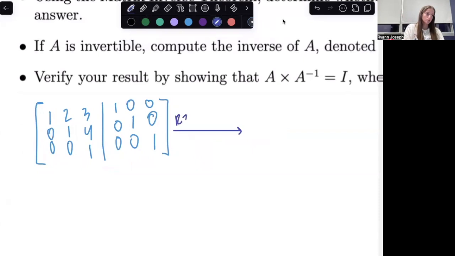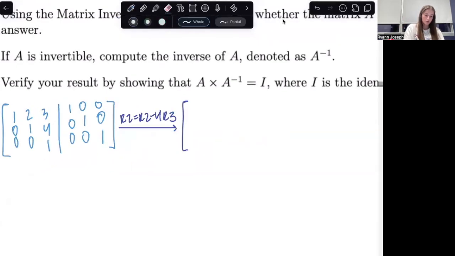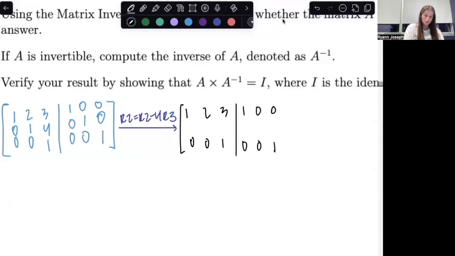Let's do row 2 equals row 2 minus 4 times row 3, to get rid of this 4 here. So row 1 and row 3 don't change. The 0, 2 goes to 0, 0 minus 0, 1 minus 0, and then 0 minus, so this becomes negative 4.